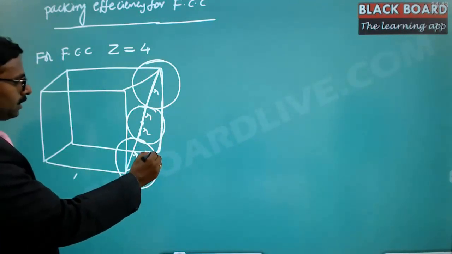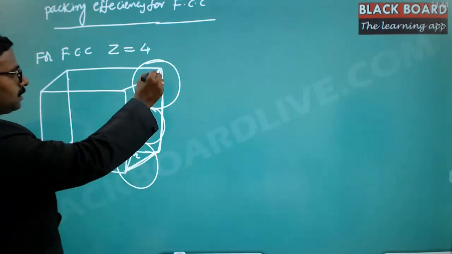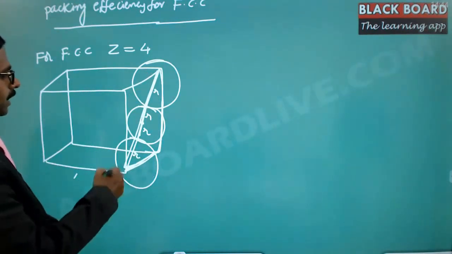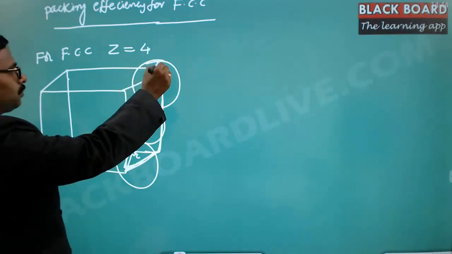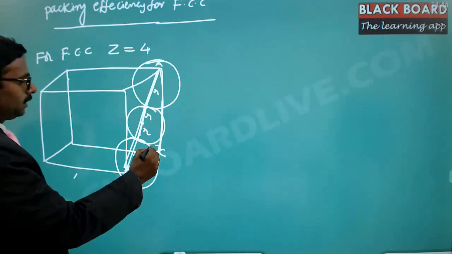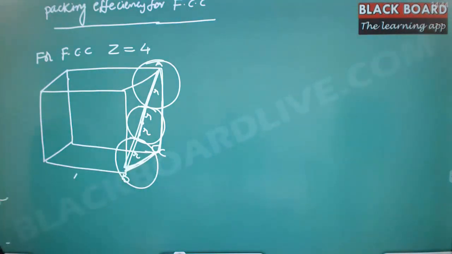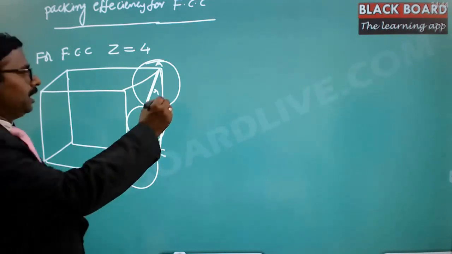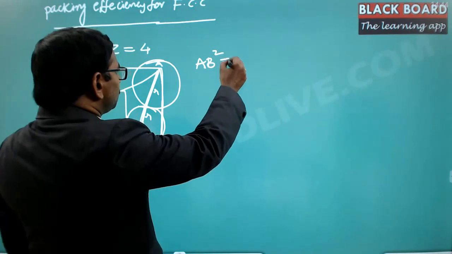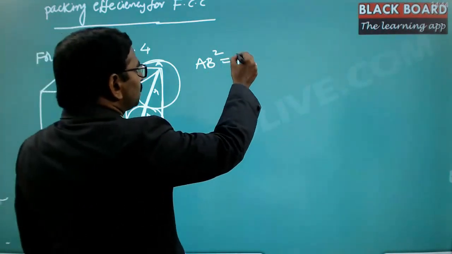This is a right angle triangle. In the right angle triangle, consider the points A, B, C, with angle at C being 90 degrees. AB square is equal to BC square plus AC square.